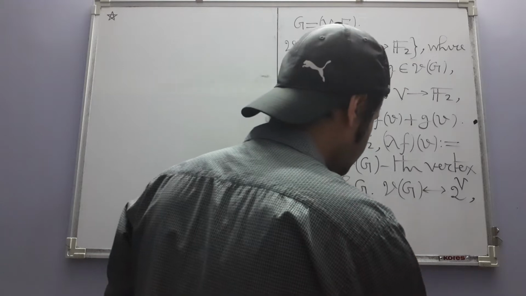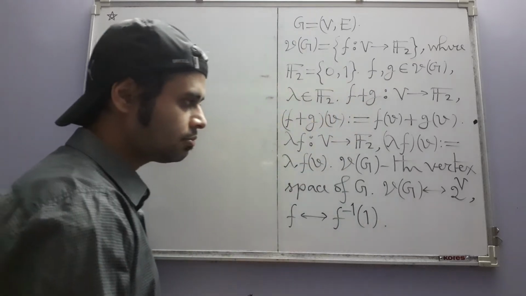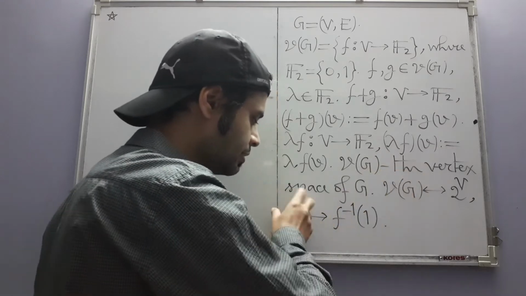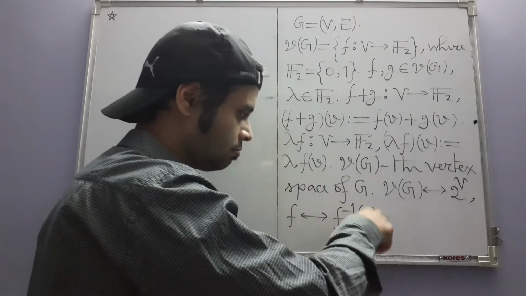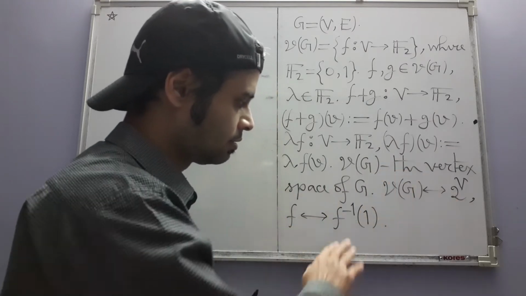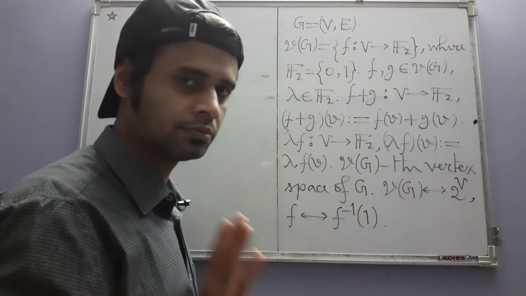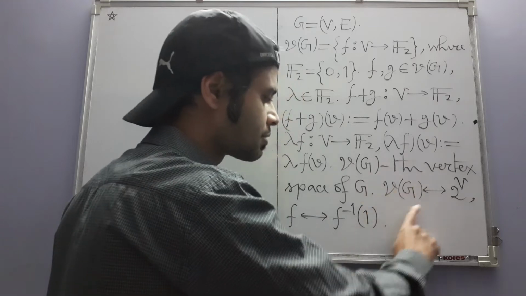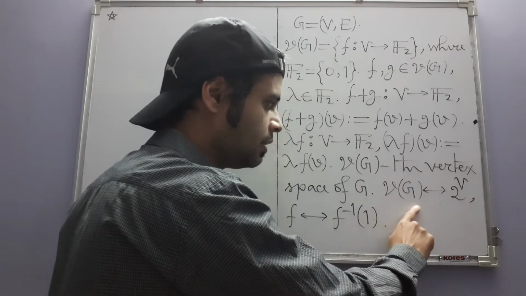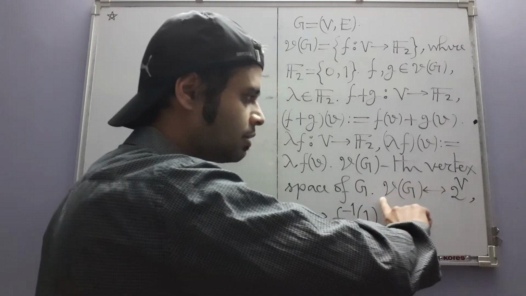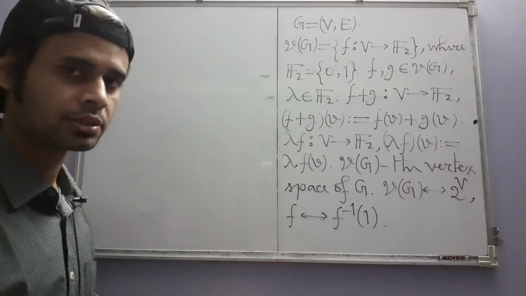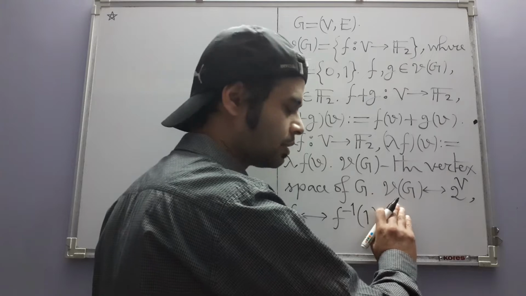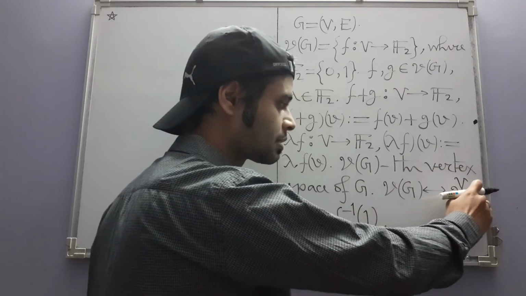Okay, now under this correspondence, not only are the elements of nu of G, that is this type of functions, made to correspond to these subsets of V, but the entire vector space structure that nu of G has gets transferred to the power set of V. That means we have addition here, that becomes something here.